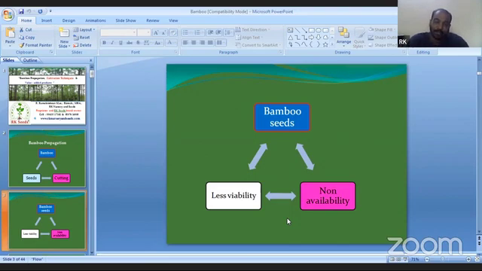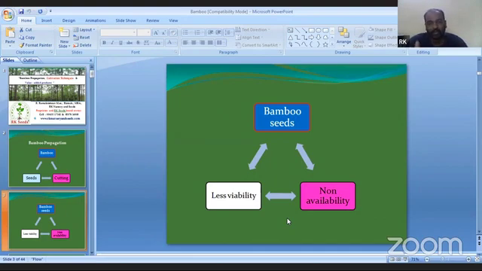Second thing, bamboo seeds have less viability. The other problem is non-availability. What is meant by that? As I already said, with other trees, if this year seeds come, next year also seeds come, and in subsequent years also. And it differs from place to place.